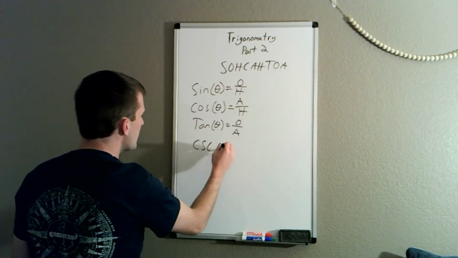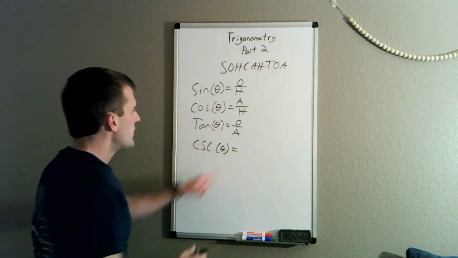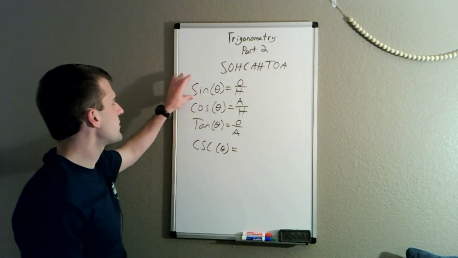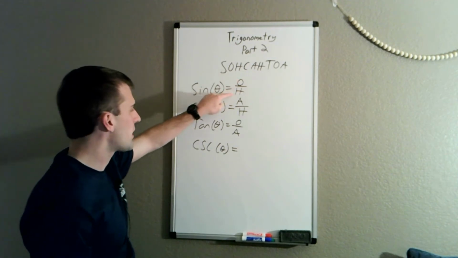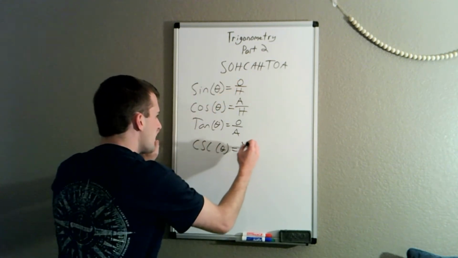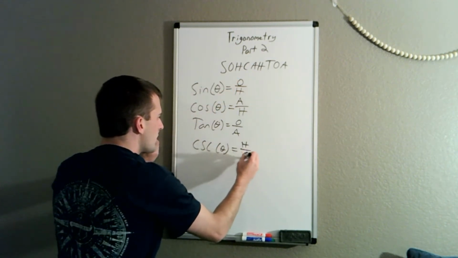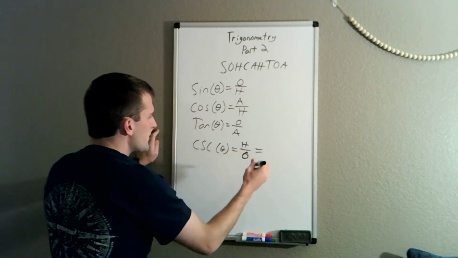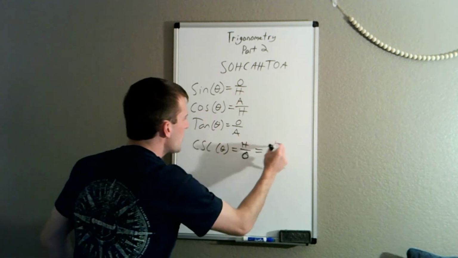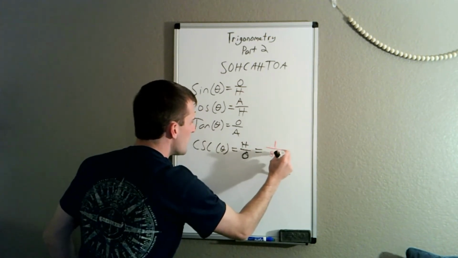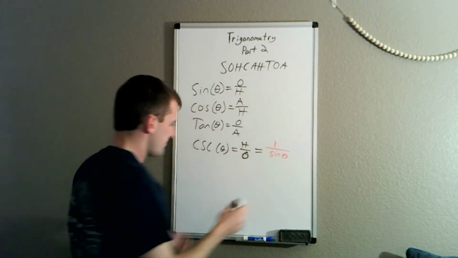So cosecant of theta is equivalent to sine, but instead of opposite over hypotenuse, it is hypotenuse over opposite. And you could also say this is equal to 1 over sine of theta.